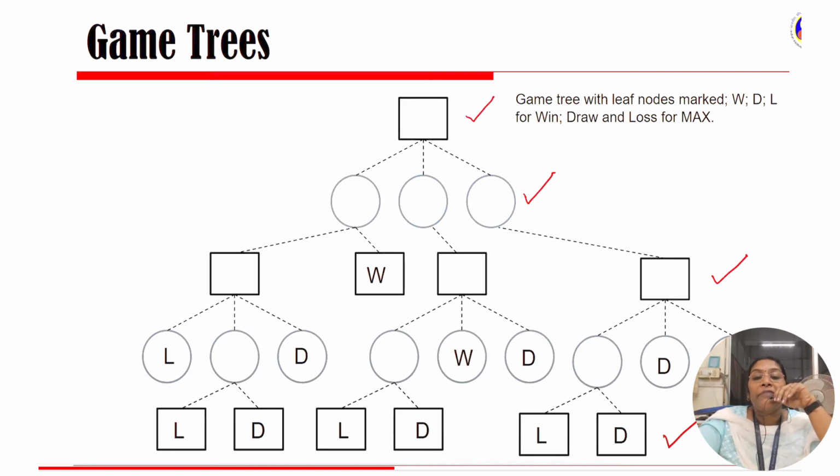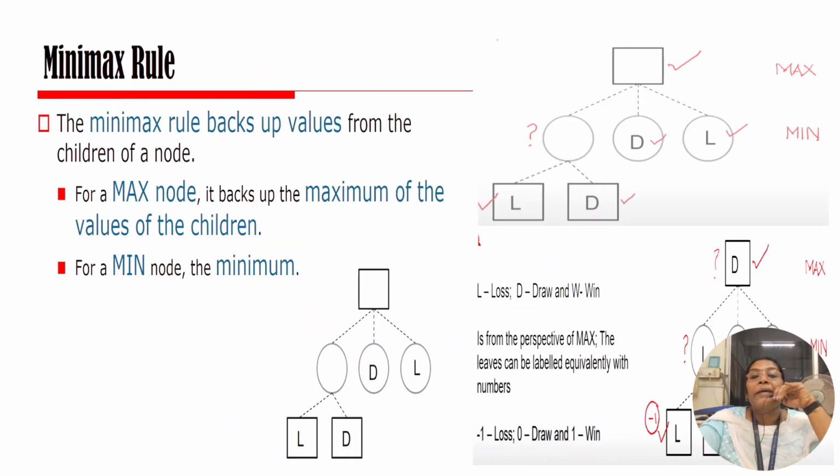So we have to start from the terminal node, and we have to start from the left corner, backtracking. If you go to the left corner of the backtracking, you have L and D. L stands for -1 and D stands for 0, and out of these L and D, it has to give a minimum value.